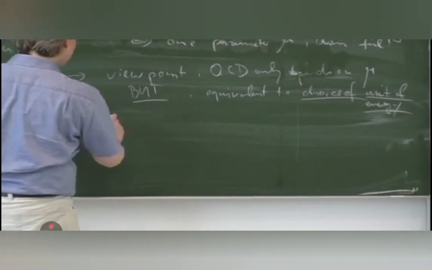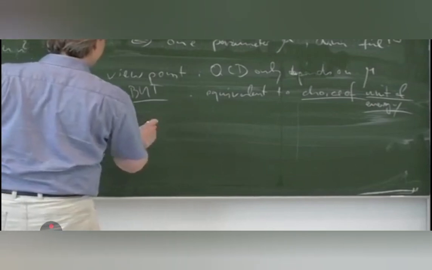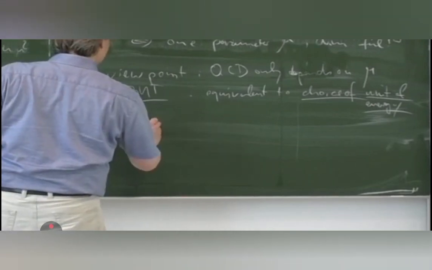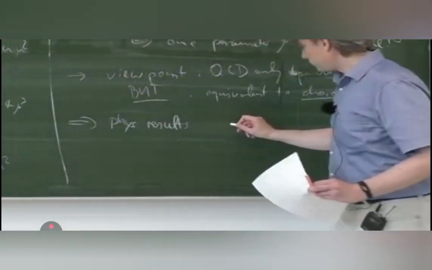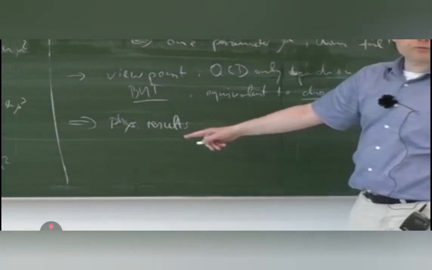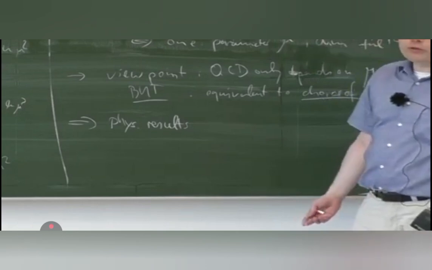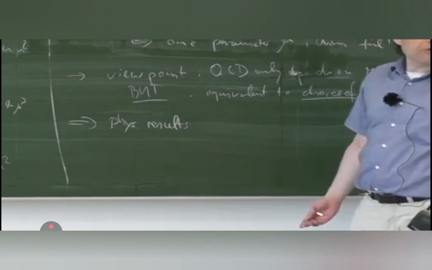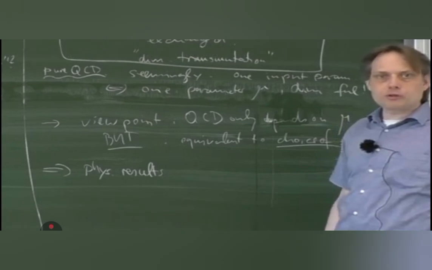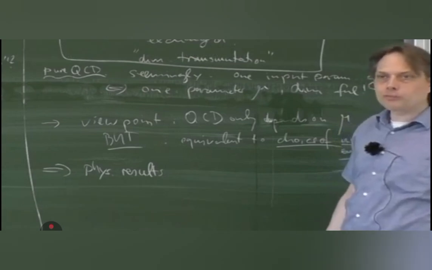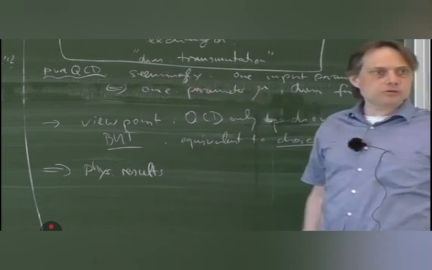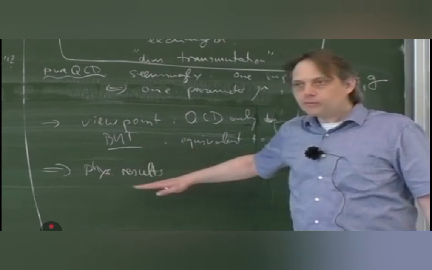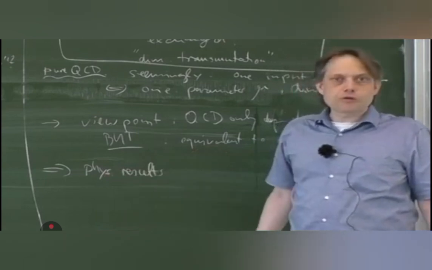That means that no physical result can depend on mu. And what are physical results? The choice of unit is always arbitrary. For example, the meter or the mass units or astronomical units, it doesn't matter. The only thing that we can actually measure is dimensionless ratios.